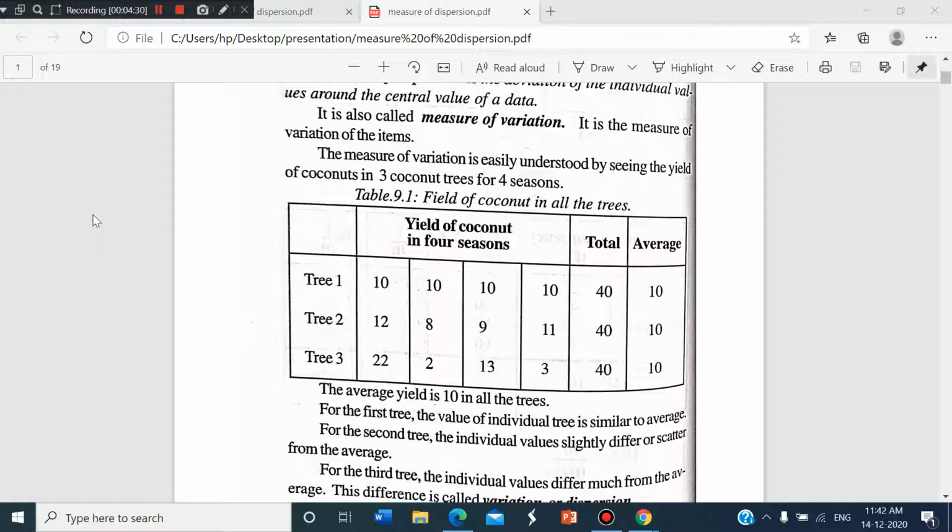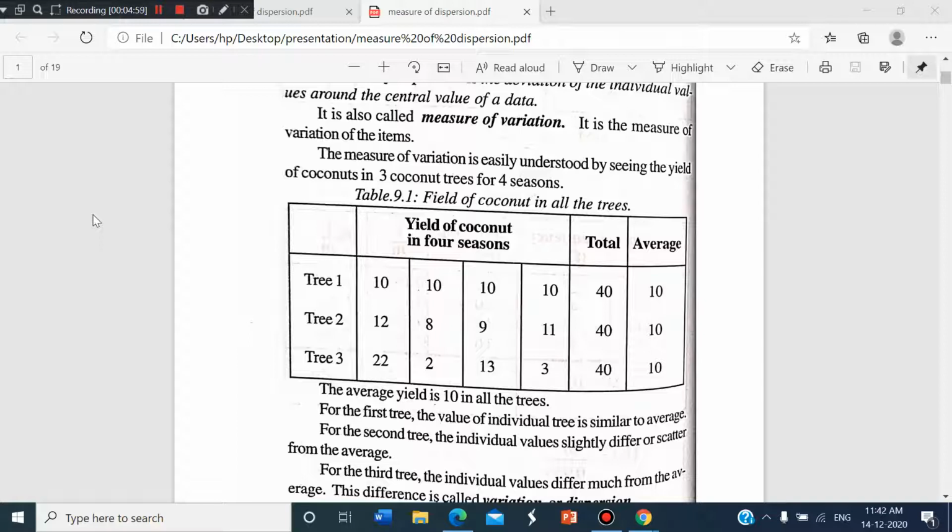Whereas the second tree: in the first harvest you got 12, second harvest 8, third harvest 9, and in the fourth harvest 11. But the total is 40. Whereas the third tree: in the first harvest you got 22, in the second harvest only 2 coconuts, in the third harvest 13, and in the last harvest 3. If you make a total, that also comes to 40.